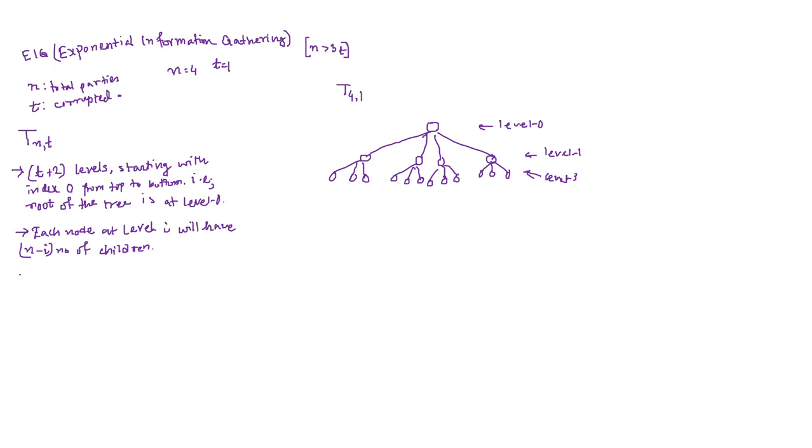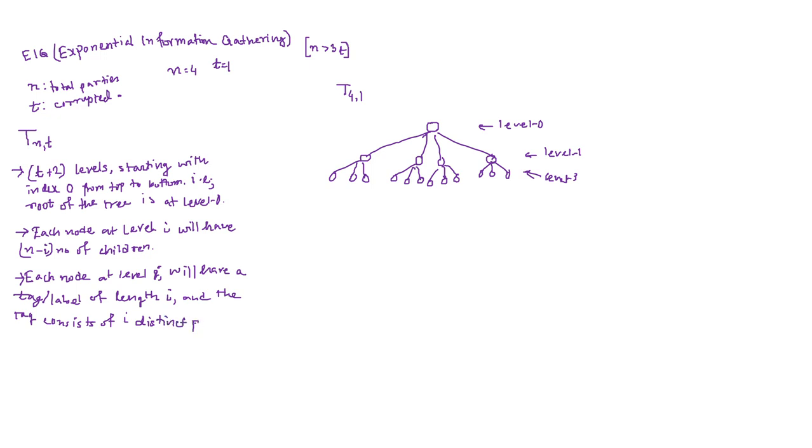Okay. Now the next point is that each node at level I will have a tag or label of length I. If the node is at level I, its tag will have length I, and the tag consists of I distinct party IDs.